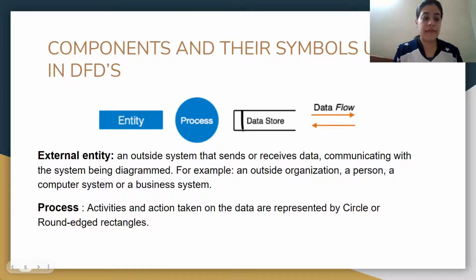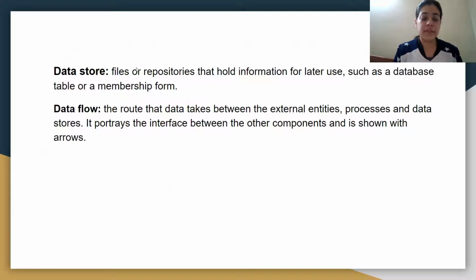First of all, we have external entity. An external entity is an outside system that sends or receives data, communicating with the system being diagrammed. It is represented by a rectangle. A process is an action or activities that are taken on the data and it is represented by a circle. Next, we have a data store.